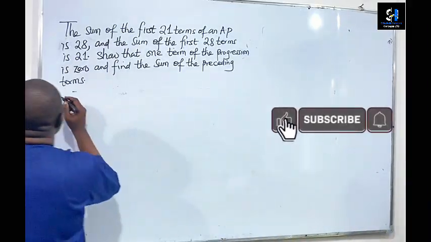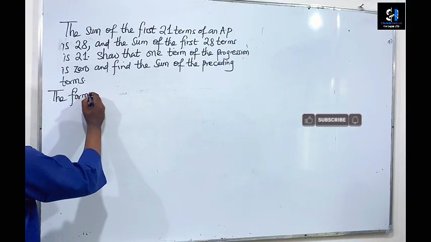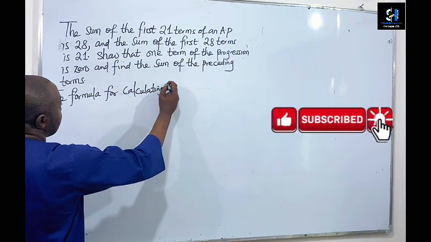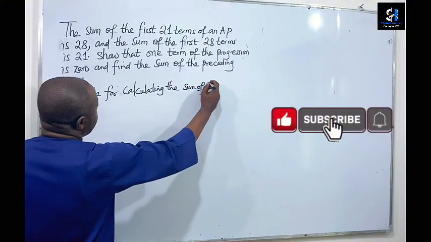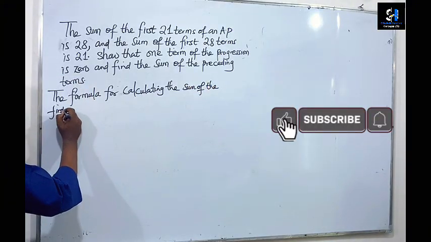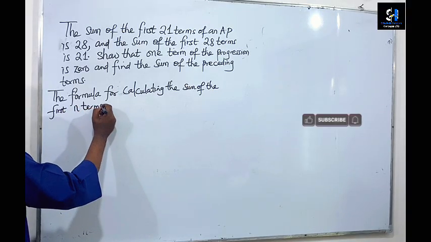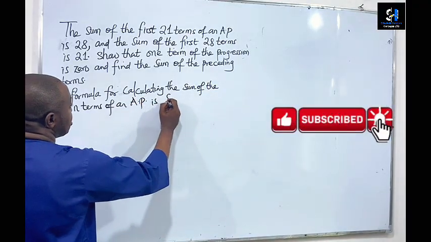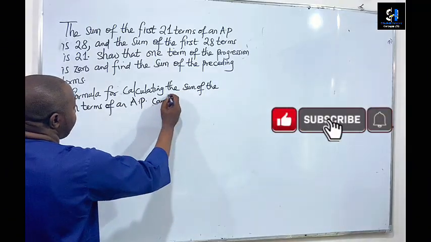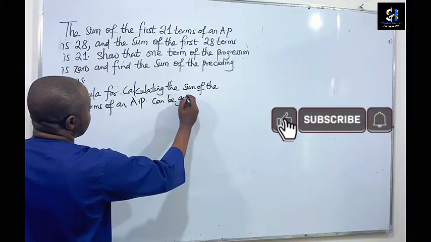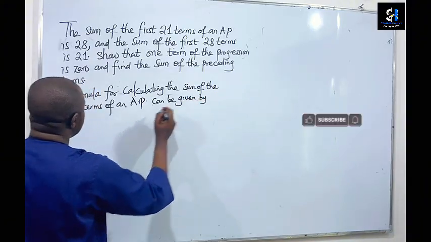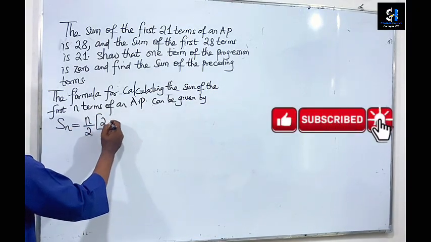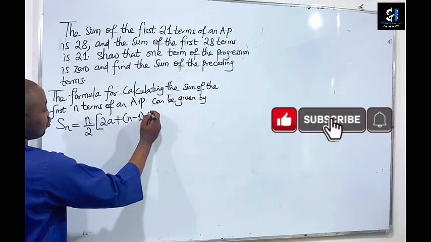So the formula for calculating the sum of the first n terms of an AP or arithmetic series can be given by S subscript n equals n over 2 open square bracket 2a plus parenthesis n minus 1 multiplied by d.